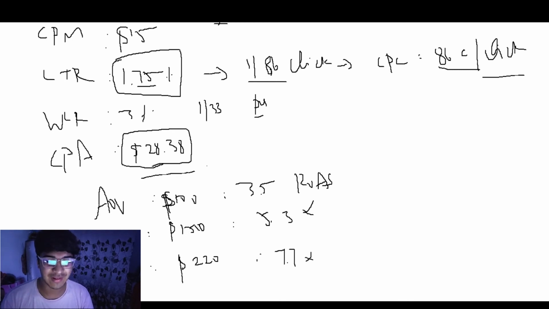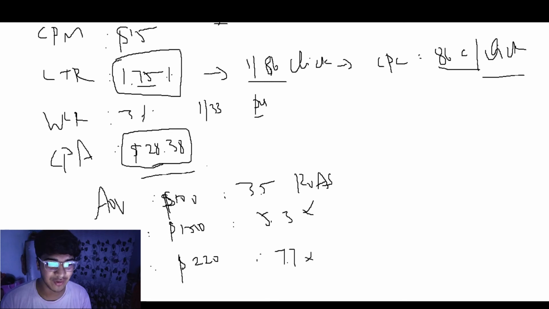See how this all starts to make sense and how everything looks great. And let me show you now what happens with our AOV. Alright, now this is where it gets more interesting. Last time we had an AOV of $100, right, and this time with the same $100 AOV, you will get a 3.5x ROAS.